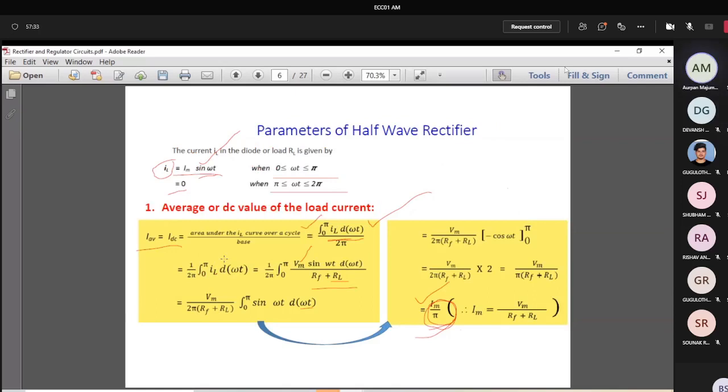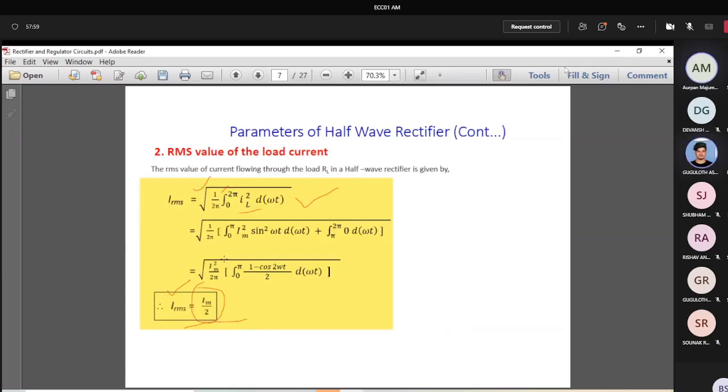You are getting the DC value of the load current in one case, and IRMS is the root mean square value of the load current. That load current, according to the circuit design, is flowing through the diode also. The same load current flows through the diode and the load resistance, with the same IRMS value.